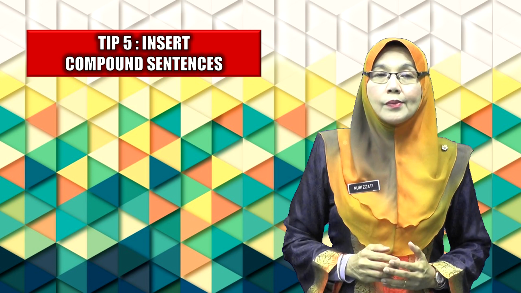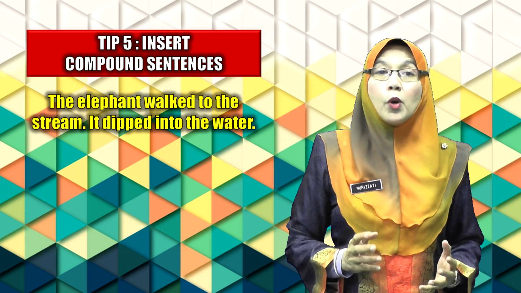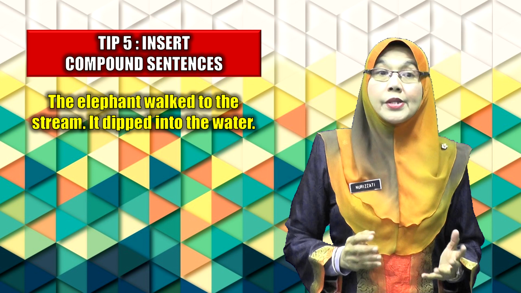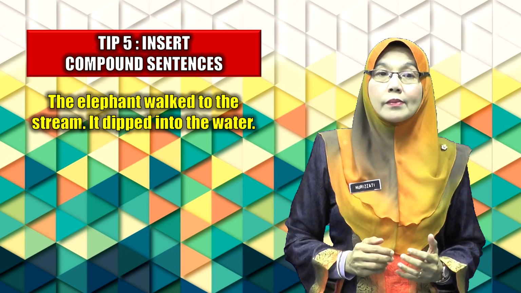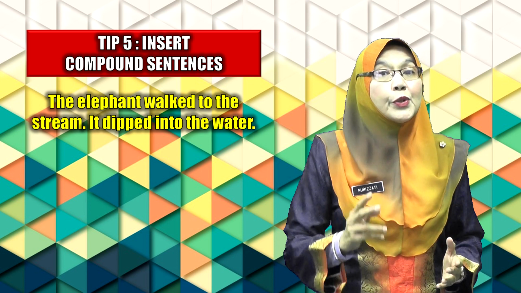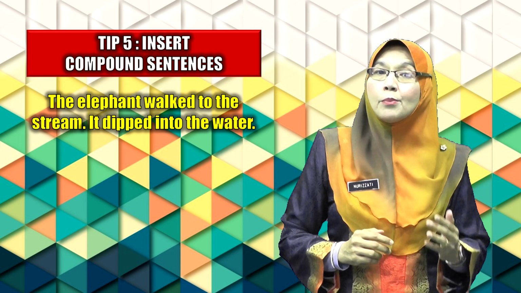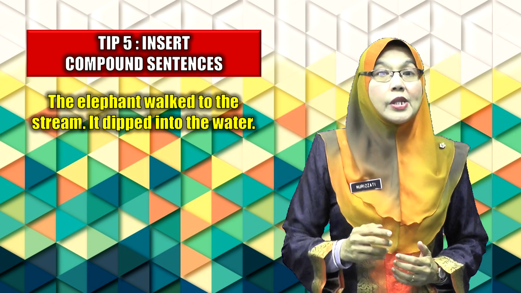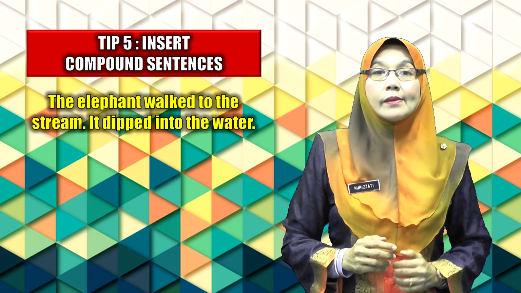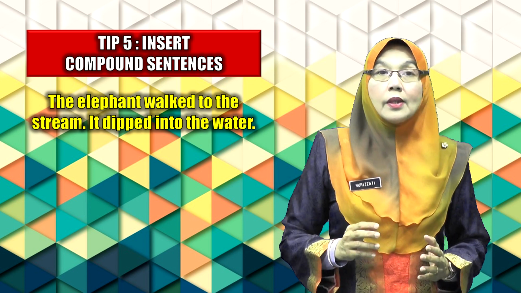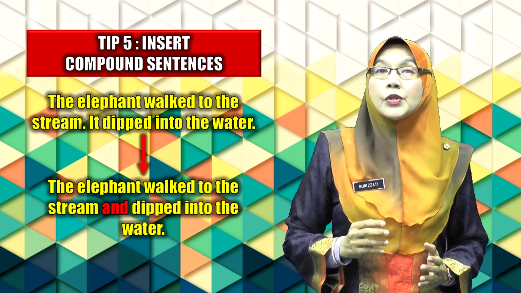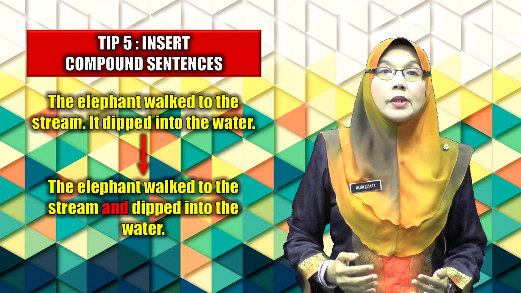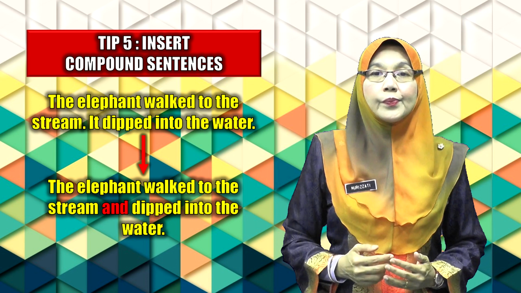For example, the elephant walked to the stream. It dipped into the water. You can make these 2 simple sentences a compound sentence using the conjunction "and", like this. The elephant walked to the stream and dipped into the water.